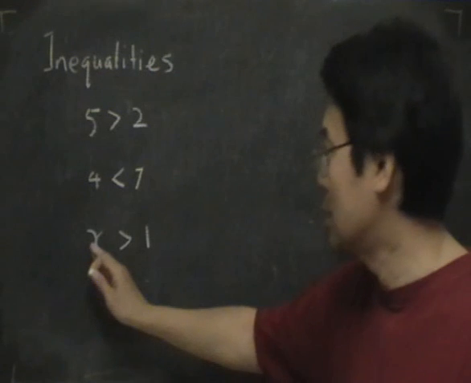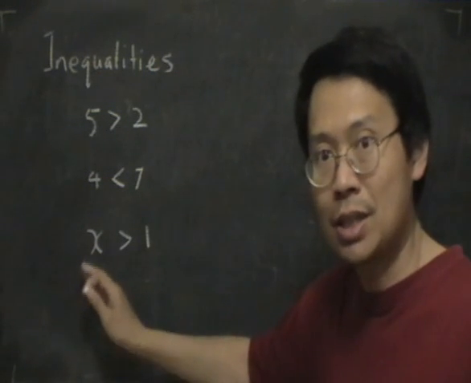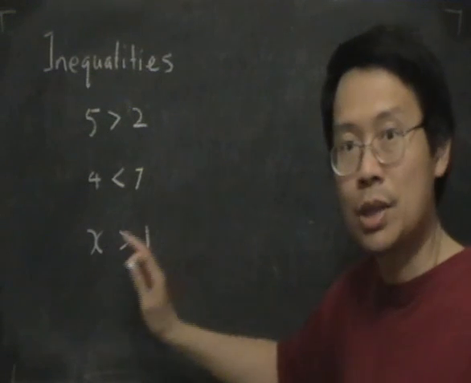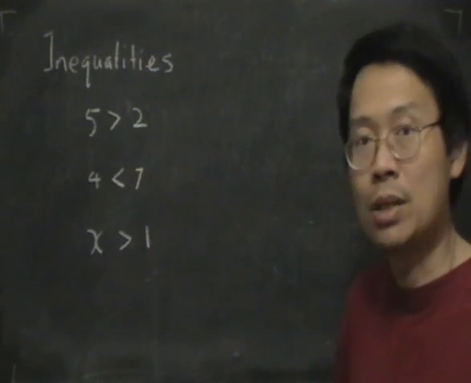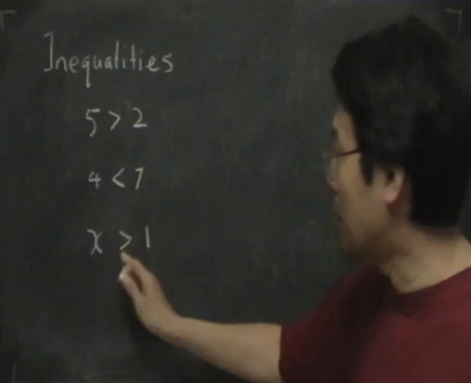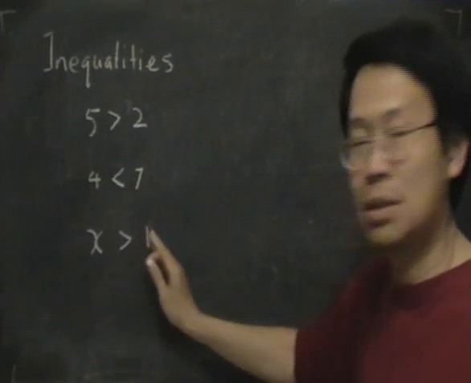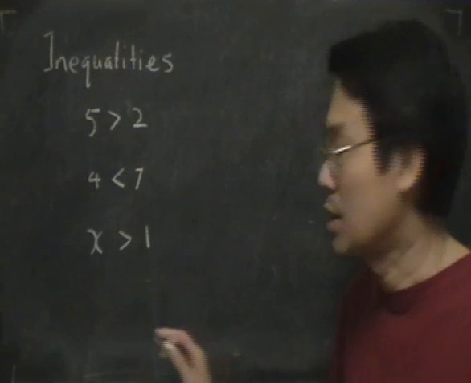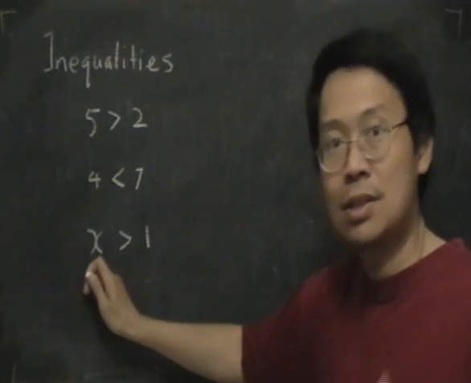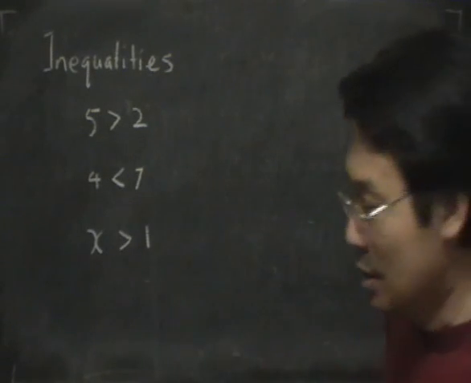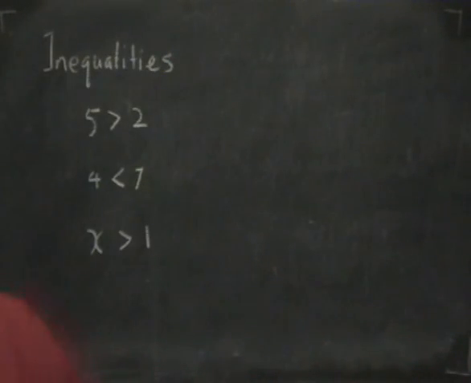The x is a letter that represents a number, the greater than sign, and the number 1. And I've simply read out the meaning of each of these letter, symbol, number in words. So x is a number that is greater than 1. So that's the easy way to do mathematics.